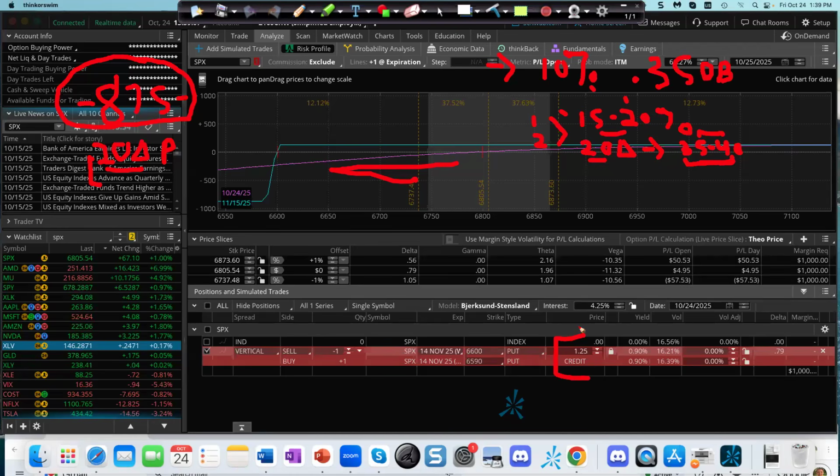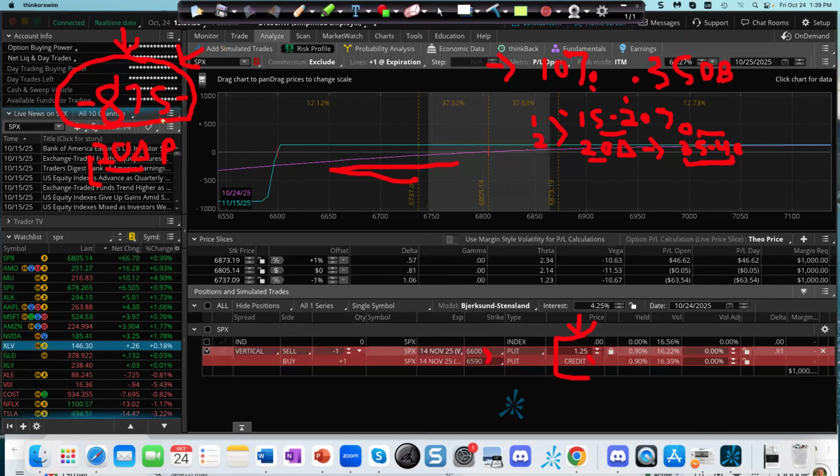How do I figure the 10% profit? Again, it's not on the credit. It's 10% on your risk or margin. So if this is a 10 wide spread, your risk is $1,000 less your credit. That's $875. So 10% off this is around $87.